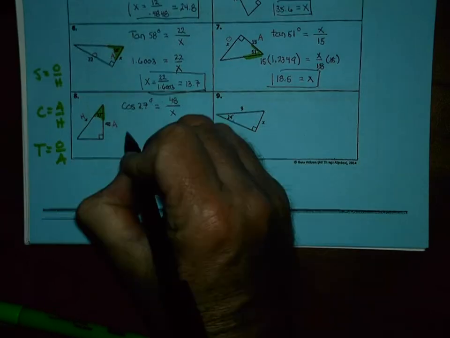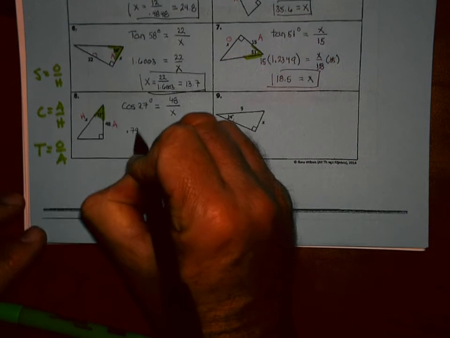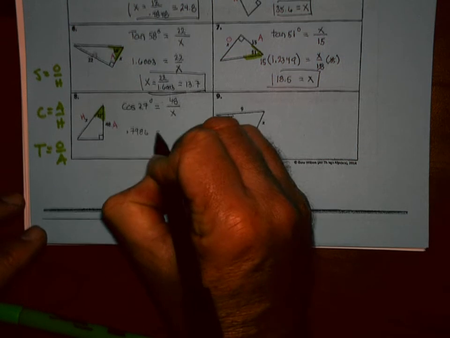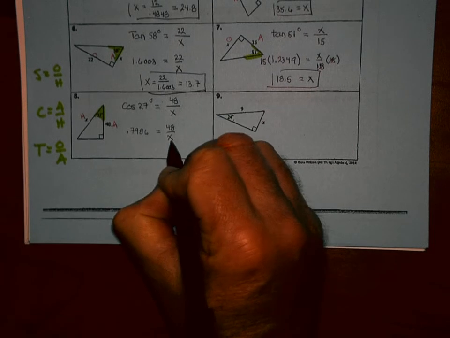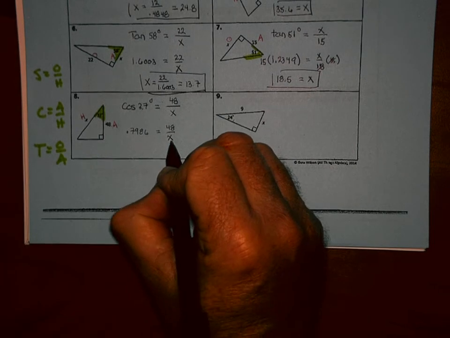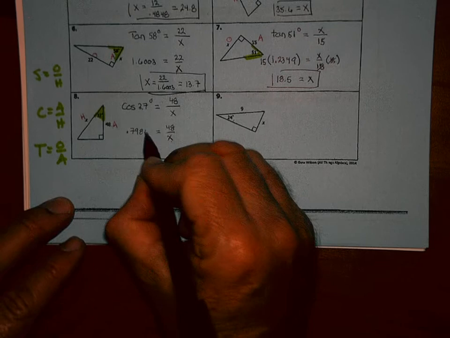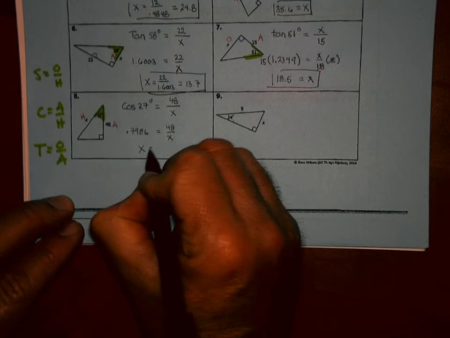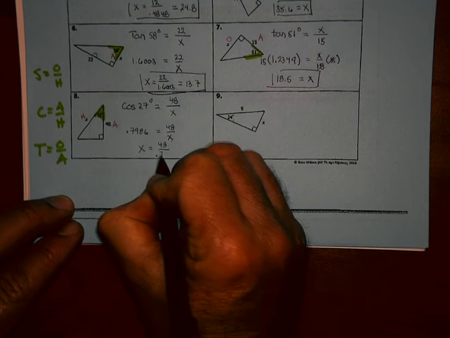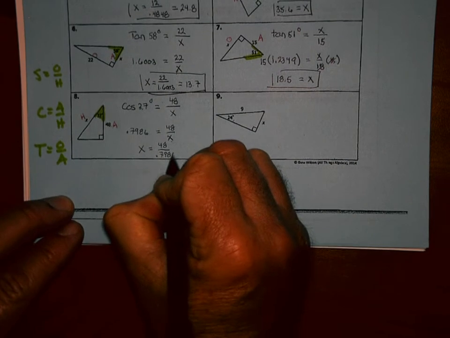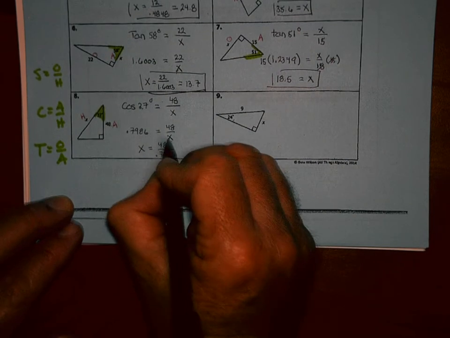So 0.7986 is equal to 48 over x. And now, if x is in the denominator, remember to solve for it, you do the switcheroonie. So that means x would be equal to 48 divided by 0.7986. I can show you why that works if you really want me to.